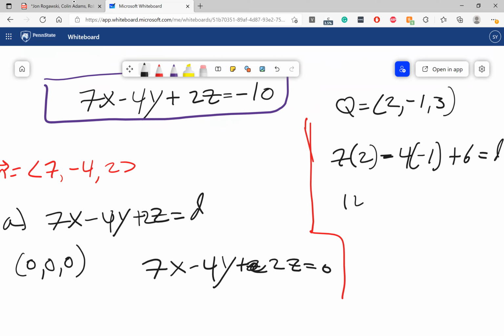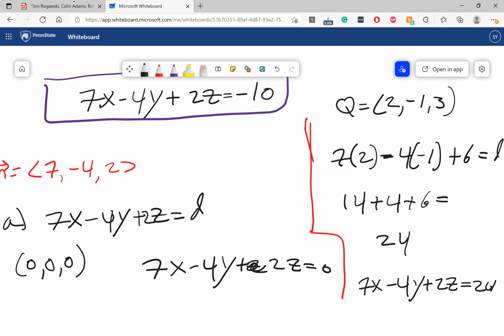So that's 14 plus 4 plus 6, which is 24. And so that's my d. So now I just write 7x minus 4y plus 2z is equal to 24.